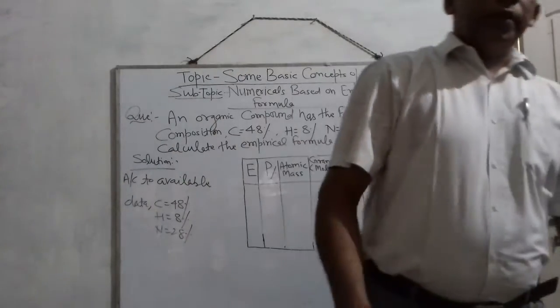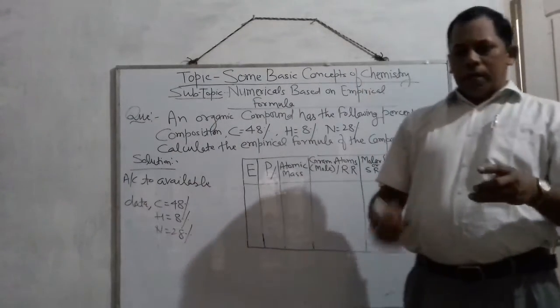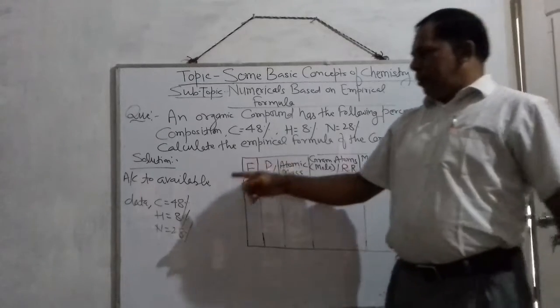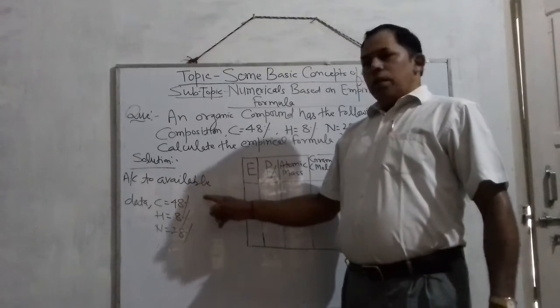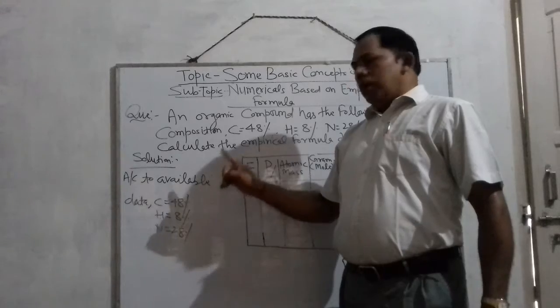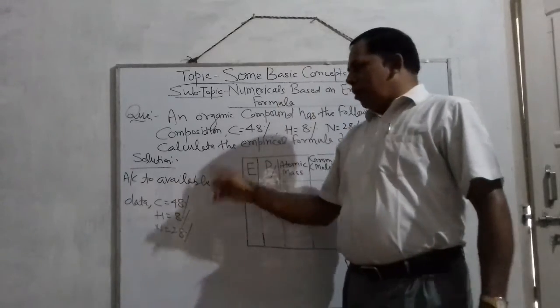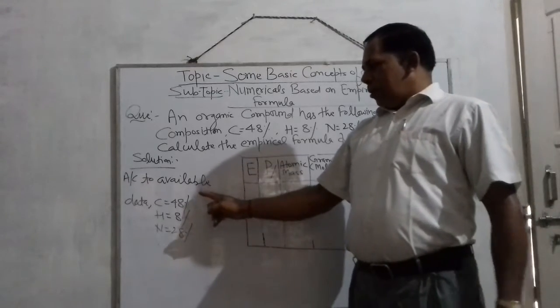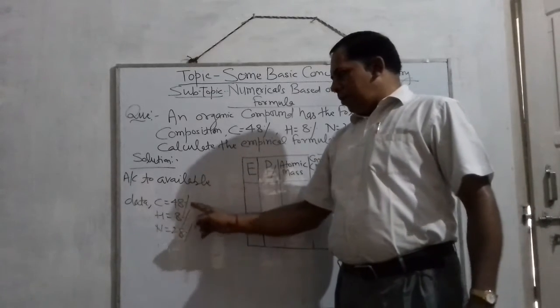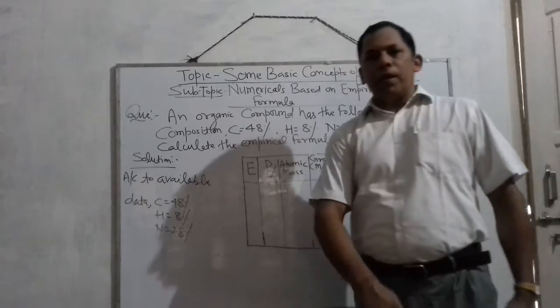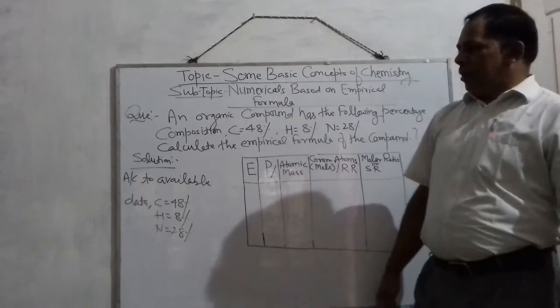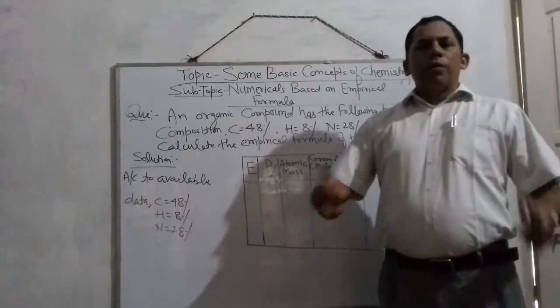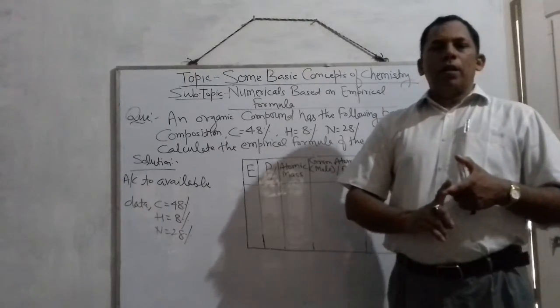One more point, students, you must remember that the percentage must equal 100. The sum of the percentages of all the elements present in the compound should be 100.